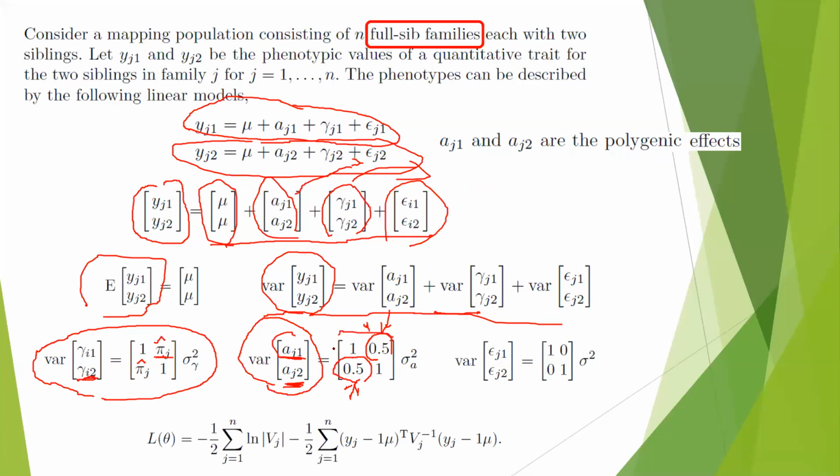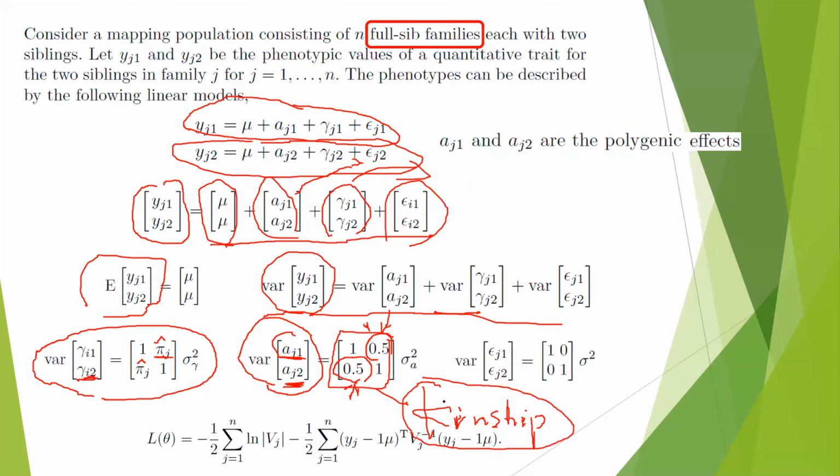And this matrix is called the kinship matrix. If you do a lot of GWAS analysis in the future, you're going to hear about this term very often.